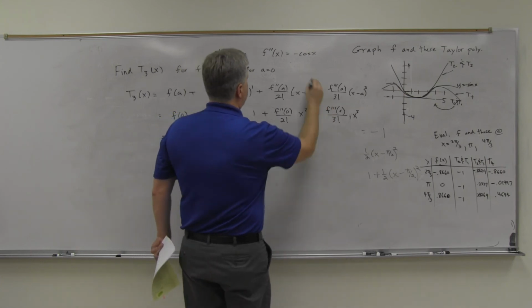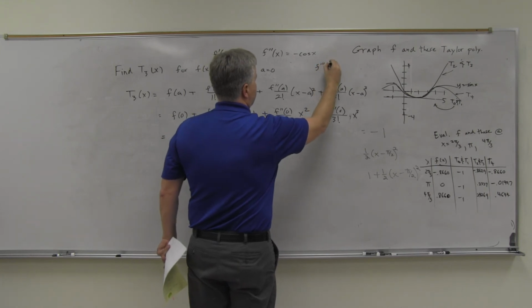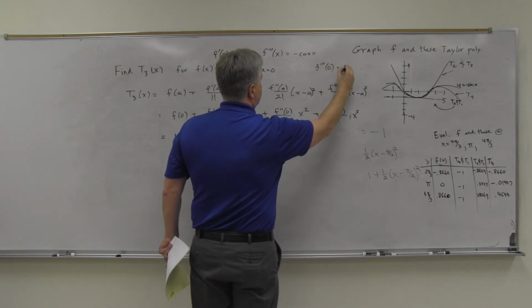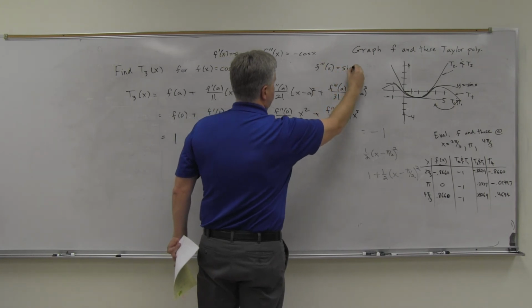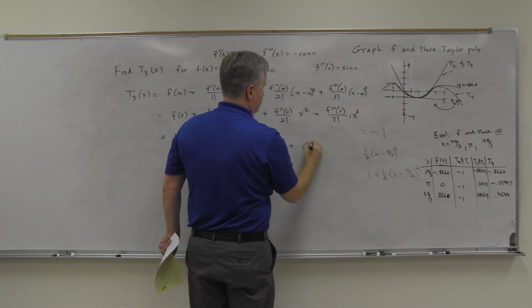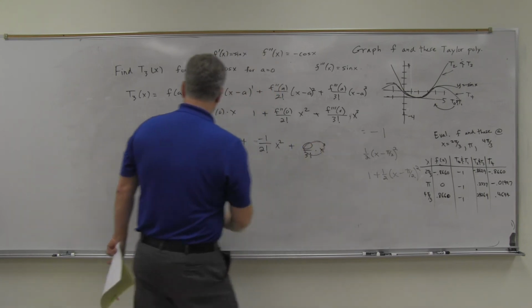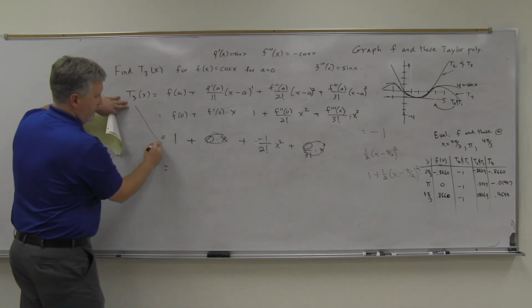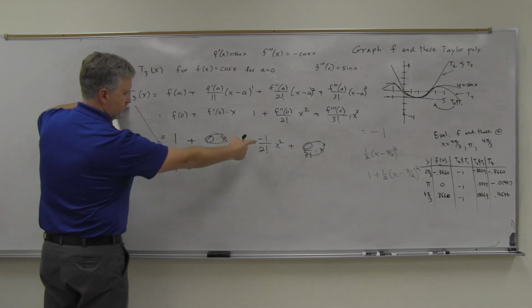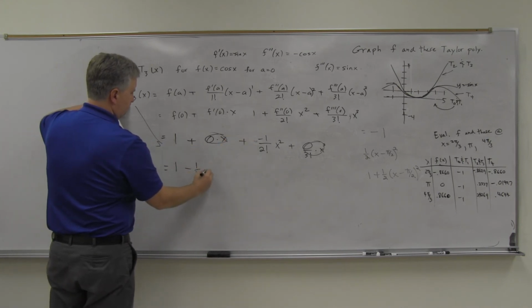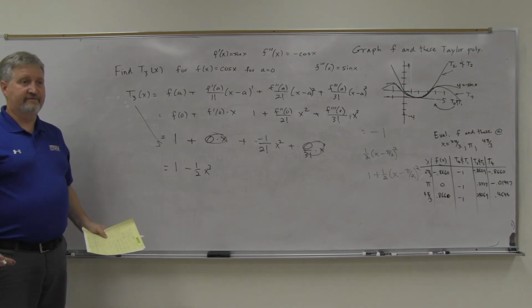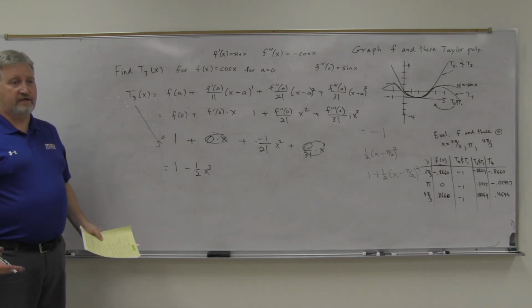And then the third derivative of cosine x is positive sine of x. And then at 0 that would be 0, which is going to make that whole term 0. So, technically speaking, T3(x) is 1 minus 1/2 x squared. That's T3(x), the third degree Taylor polynomial.